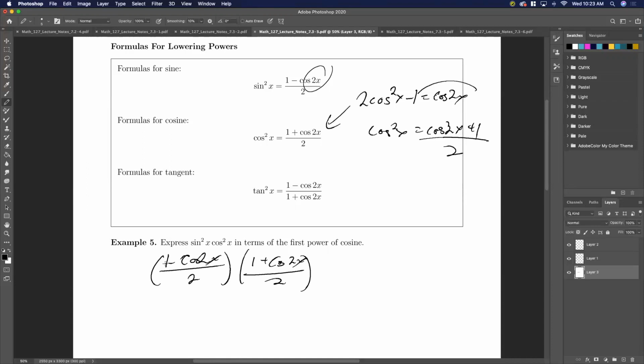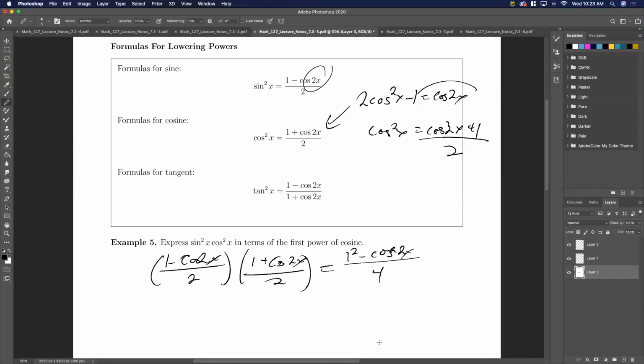All right, here we have a difference of squares, so it'll be 1 squared minus cosine of 2x squared over 4.